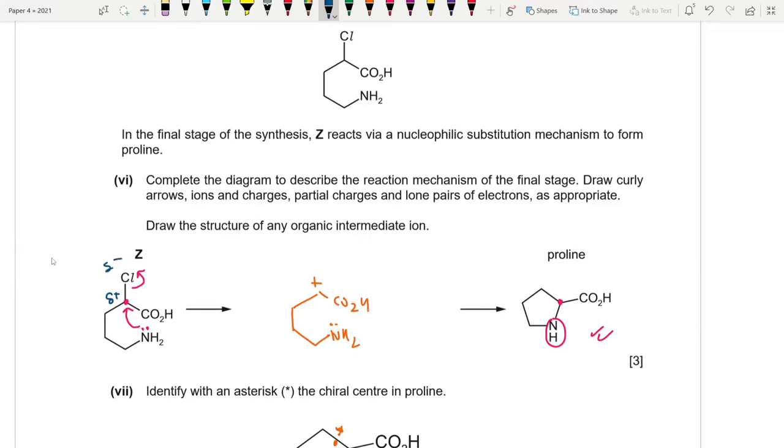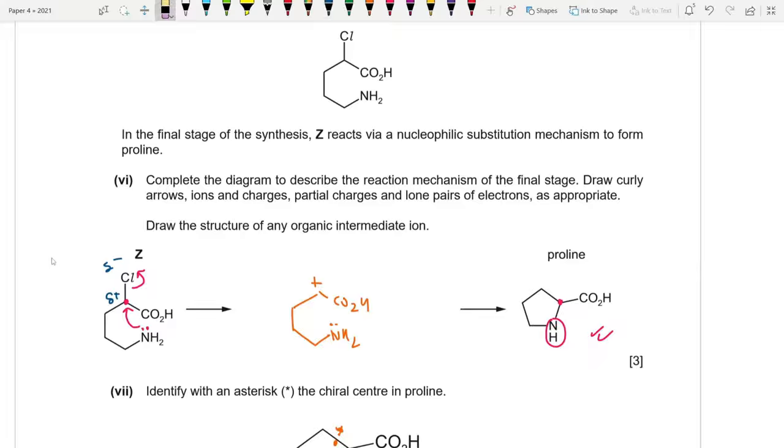So for our intermediate, we will actually have a chloride anion, right, with a lone pair. This is our intermediate. They don't want the chloride anion shown for some reason though.